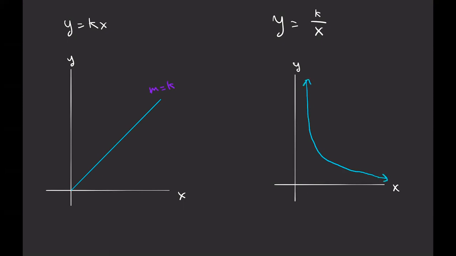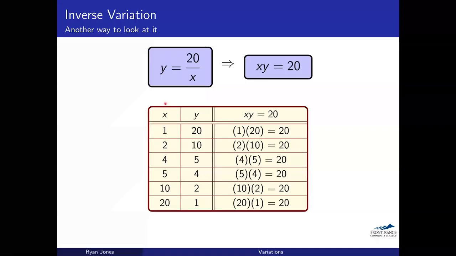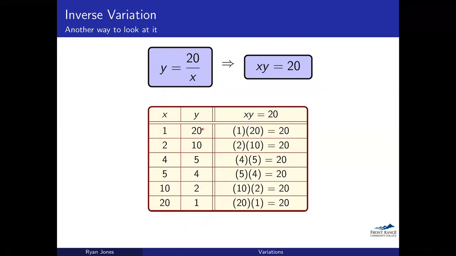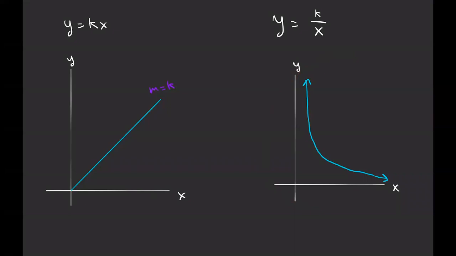And this is not necessarily intuitive, but this graph follows this exact idea of x and y that we're seeing right here. When x doubles, y gets cut in half. So let's take a look at that.